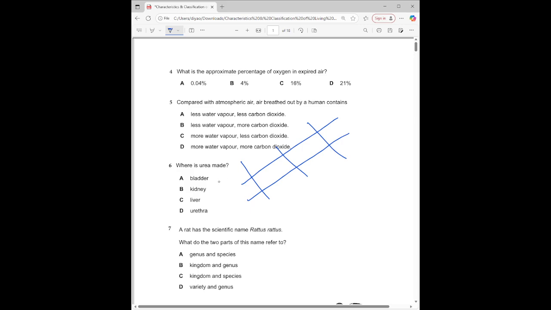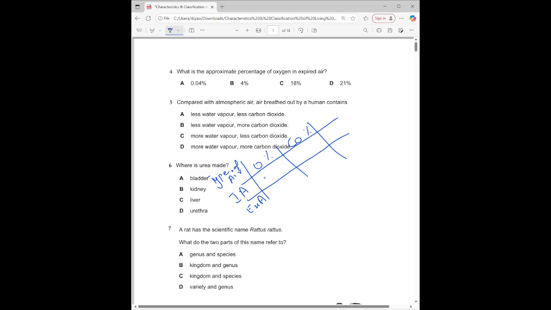We're going to write the type of air in short forms. Over here we're going to write IA for inhaled air and EXA for exhaled air. We're going to write O for oxygen and CO for carbon dioxide.